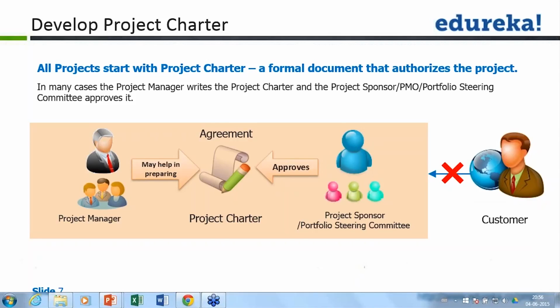Suppose you run an organization and you require accounting software, and you contact XYZ company and give them the project to develop accounting software for you. Why would that company take up this project? Maybe that company is looking to expand their business. Maybe that company is looking for market capitalization.